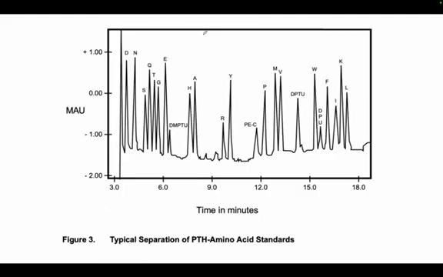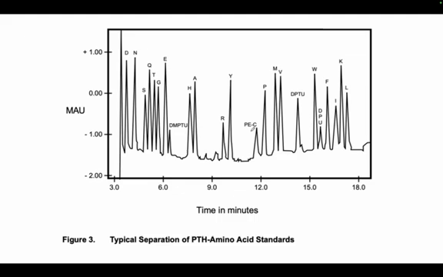So PTH amino acids can be separated through HPLC. You can see that different amino acids will give peaks at different positions in this HPLC run. These DPU, DTPU, PEC are all common byproducts of the Edman degradation reaction.